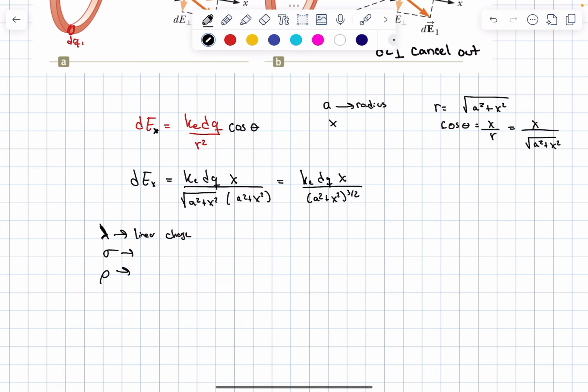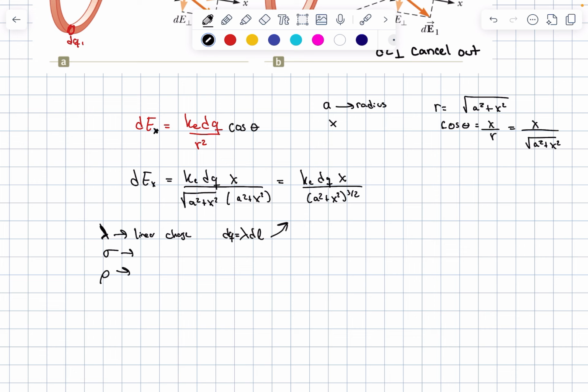And it's like, well, why can't I just do what I always do and plug in dq is equal to lambda dl? Why doesn't that work? And the thing is, it does work, and it's a perfectly fine way of doing it, and that's the quote-unquote normal way to do it.